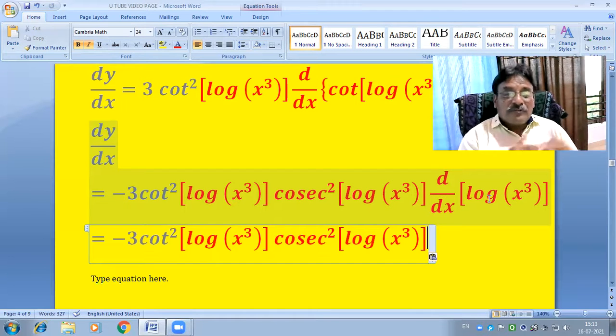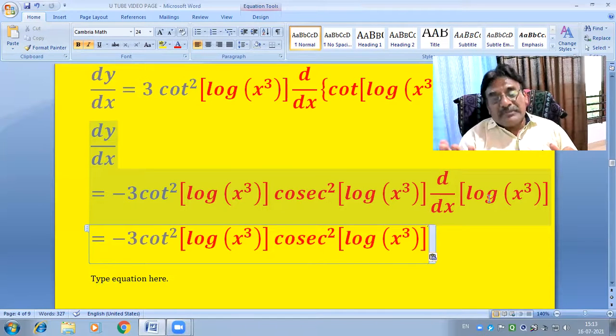So we use the formula d/dx of log f(x) is 1 by f(x) into f dash of x. Similarly here, 1 by x cube into d/dx of x cube, that is 3x square. So 3x square upon x cube.